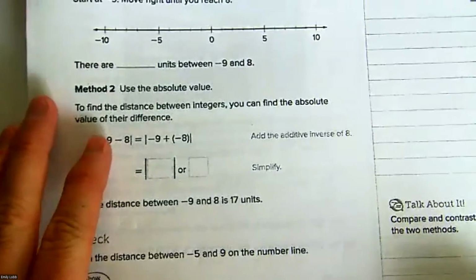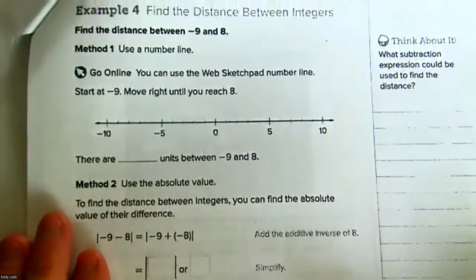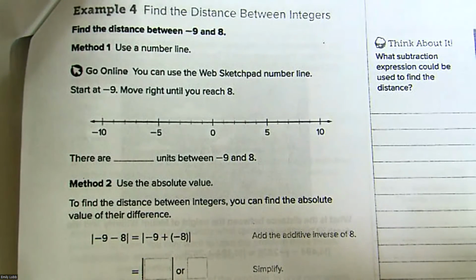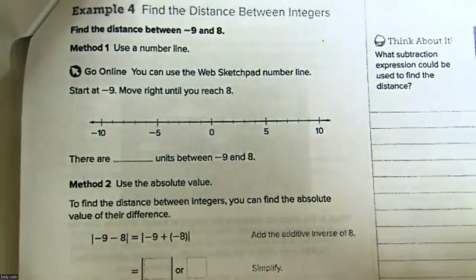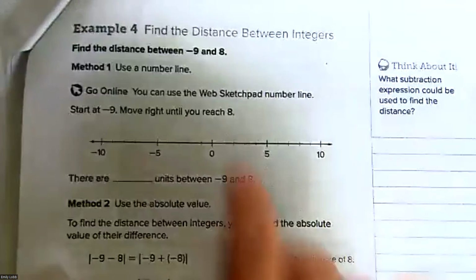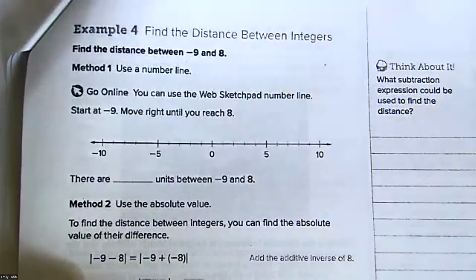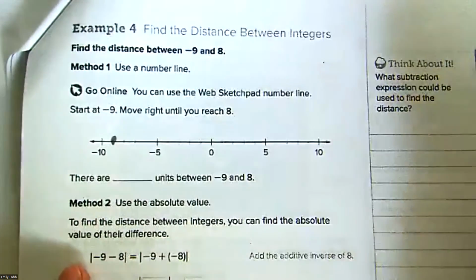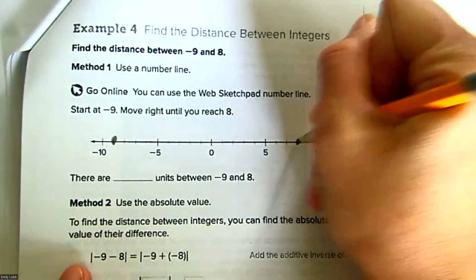Example 4. Finding the distance between two integers. Method 1, use a number line. Start at -9 and move until you reach 8, because we're finding the distance between -9 and 8. So -9 is right here, and 8 is right here.